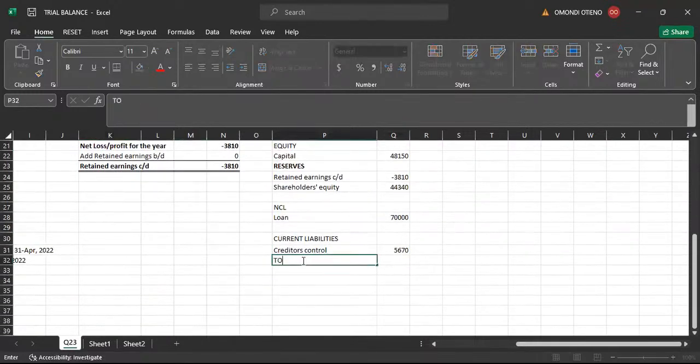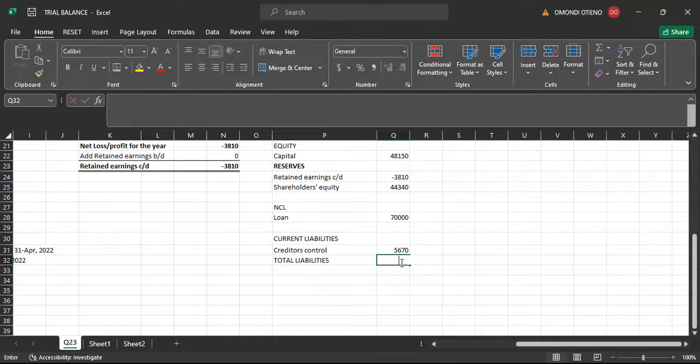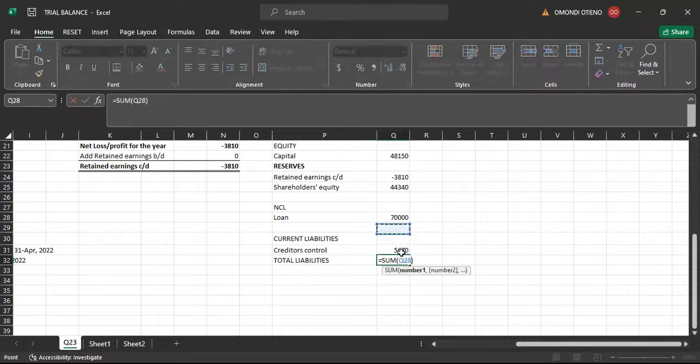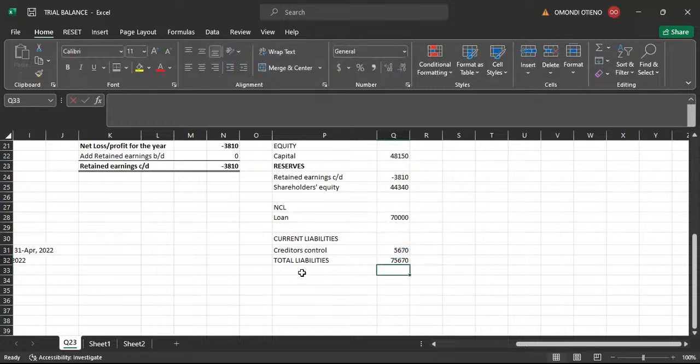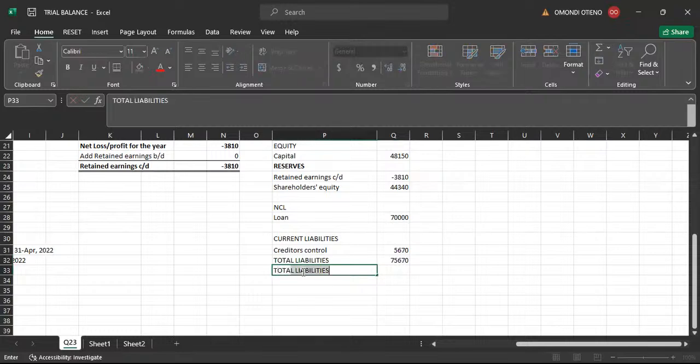So we are now able to get total liabilities. We just add our liabilities here. And then total equities and liabilities.